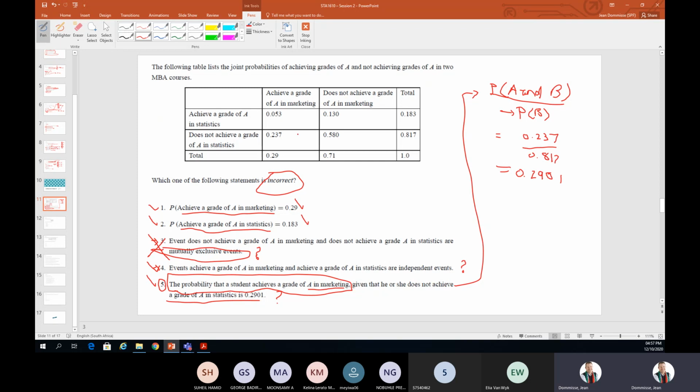And you can work out the independent events probability from the study guide as well. For it to be independent, the probability of the one times the probability of the other one will be equal to the joint probability. I must just check what the function for independent events is, you can see I don't learn it off by heart.